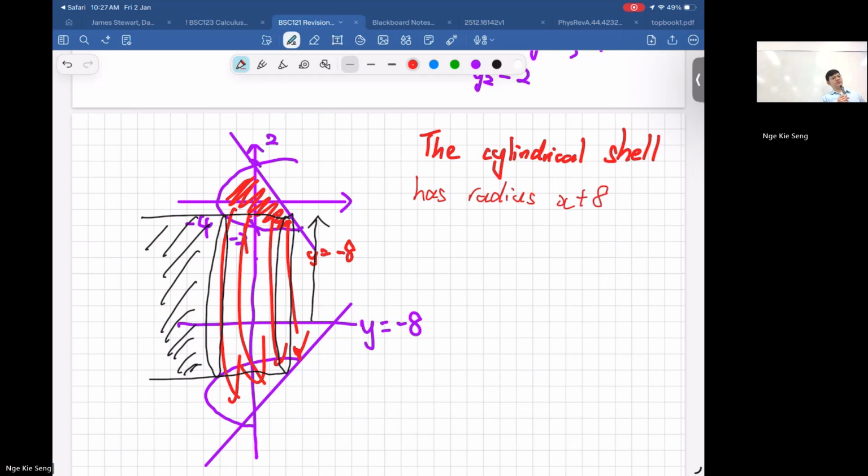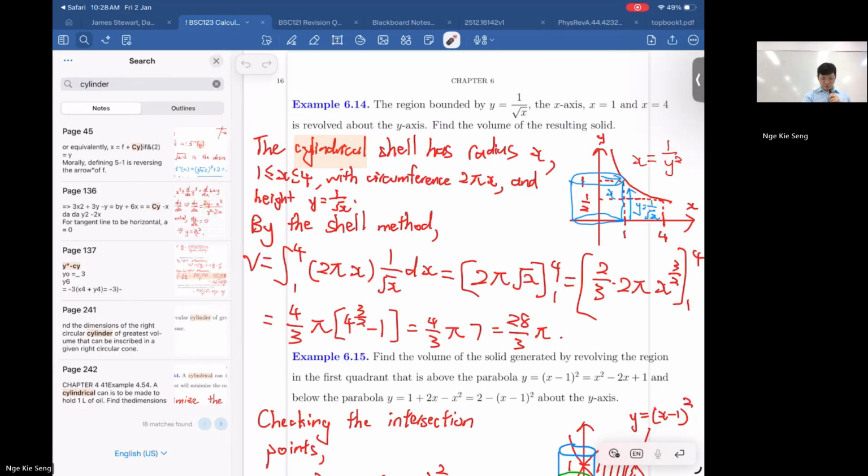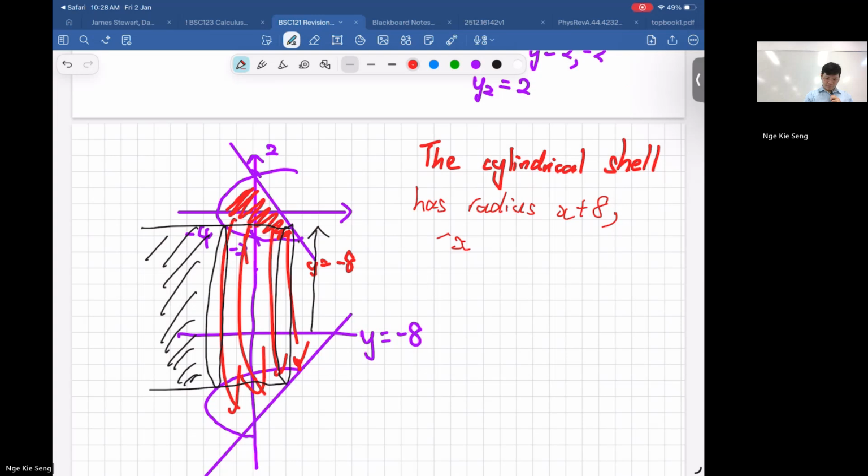Is it plus 8? Because you're going to integrate from -8 to 2. Sorry, it's not x, it's in the y direction. So your radius is in the y direction from -8 to 2. Does it make sense? Plus 8, only then your radius will come from 0.